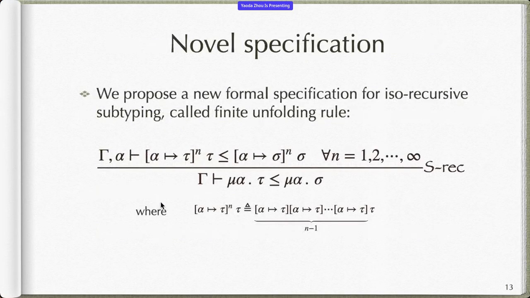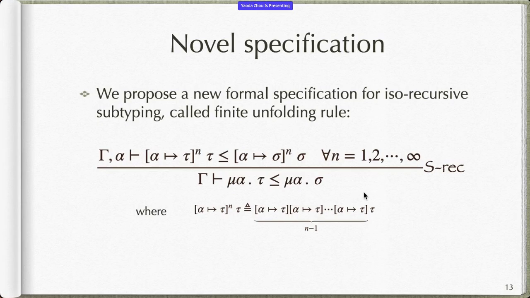There actually is a single specification that we propose in our work that combines the intuitions above together. So in our work, we propose this new formal specification for iso-recursive subtyping, which is called the finite unfolding rule.